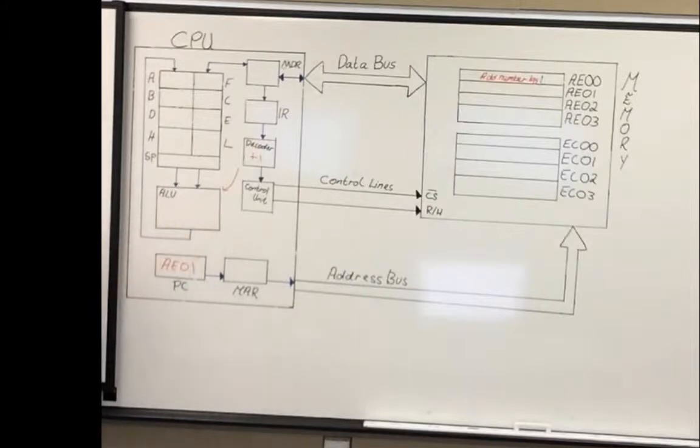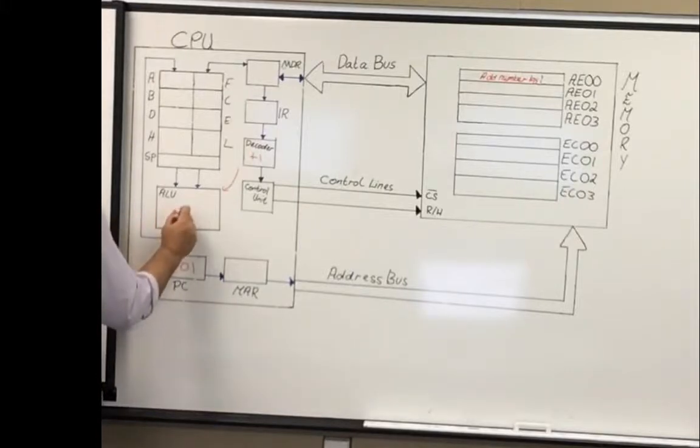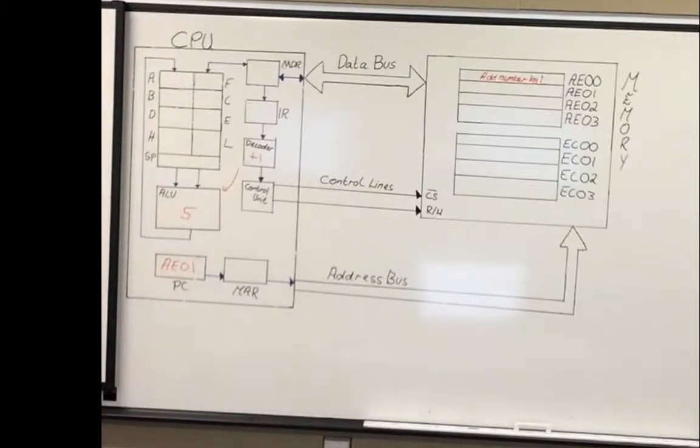That will lead us on to step 4, and it says the results generated by the execute phase are stored in the memory and or sent to output. So the answer doesn't stay in the arithmetic logic unit.